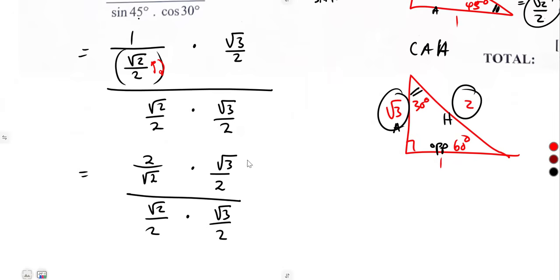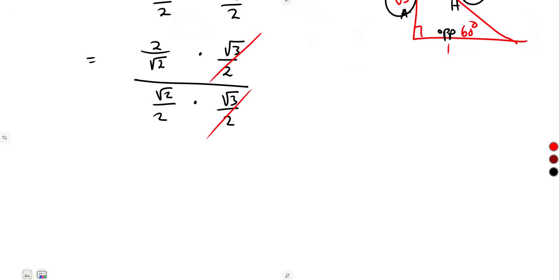Are we seeing that these two guys are the same? So just cancel these two. You're remaining with this one divided by this, which simply means 2 over square root of 2 times, remember, at division you introduce multiplication. The moment you do that, you interchange that second fraction. So it's going to be 2 over square root of 2. You interchange, swap those two.